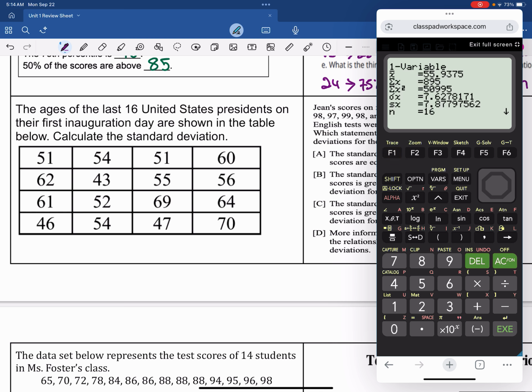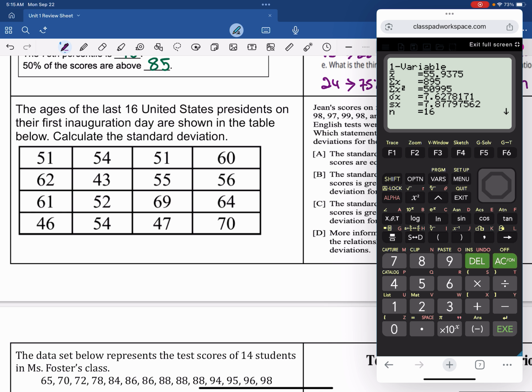So we have two standard deviations from our calculator. As you remember, we have our population standard deviation and our sample standard deviation. Most times we're going to be using the sample standard deviation, which is the SX value on our calculator. So if you look at the calculator screen, you see that SX is 7.87.